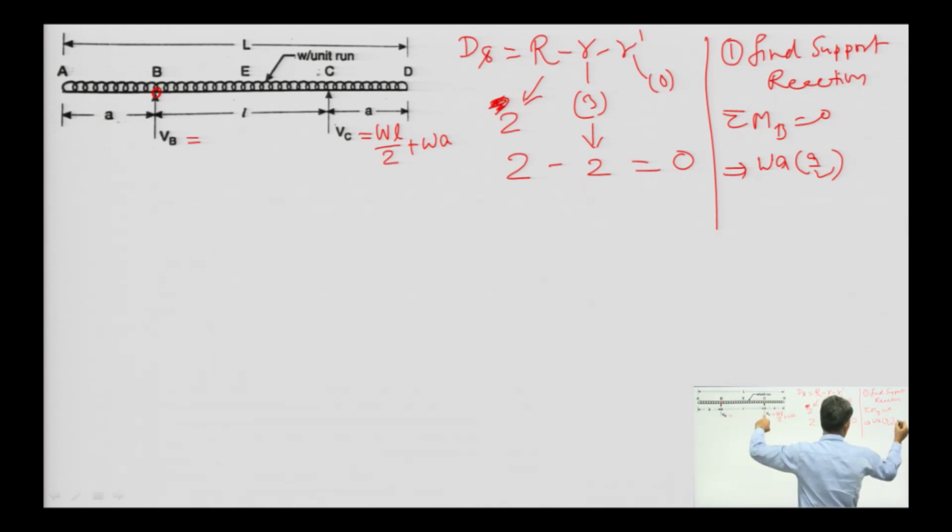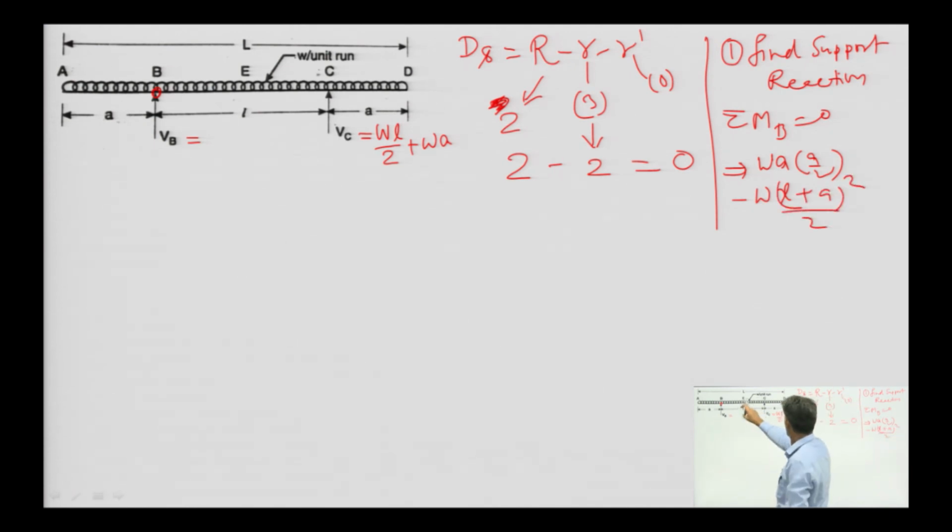So, here minus W into (L plus A) squared by 2, due to this one side, and this is clockwise, this anti-clockwise, plus Vc into distance L. By solving this you will get the same thing, WL by 2 plus W into A. This is the value of the support reaction.